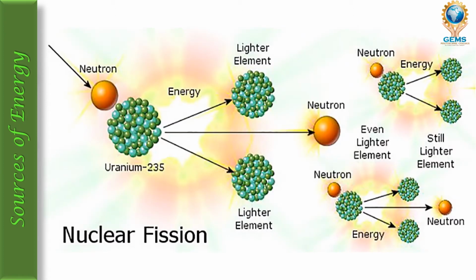This is the layout of how this nuclear fission action happens. When one neutron hits a uranium atom, it undergoes fission into many smaller, lighter elements and neutrons. Again, a neutron will hit another uranium atom, and it splits into many elements and neutrons.